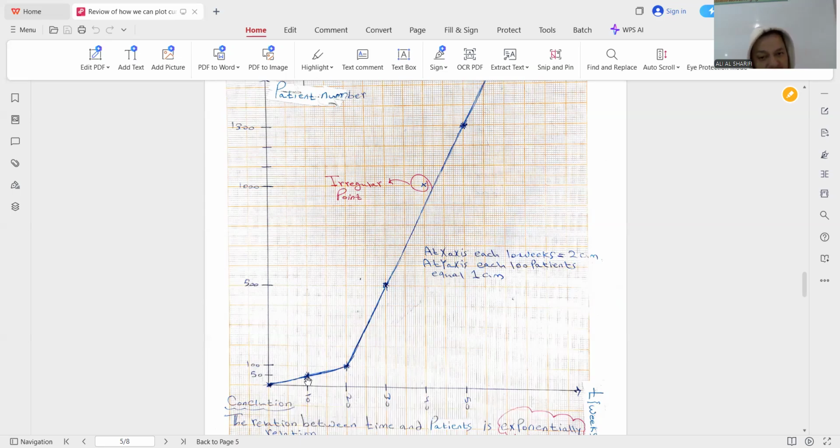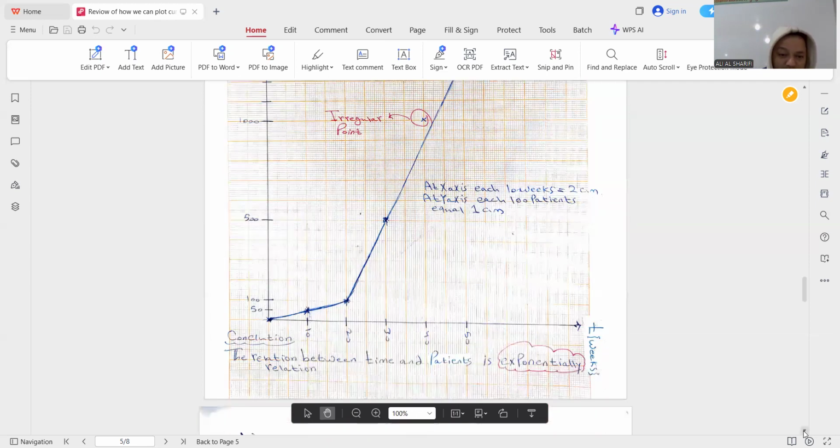When increasing the time to 20, it increased a little bit, but when the time increased to 50 weeks, the patient number exploded, increasing exponentially from 100 to 2,300.